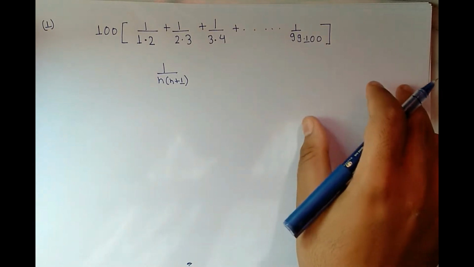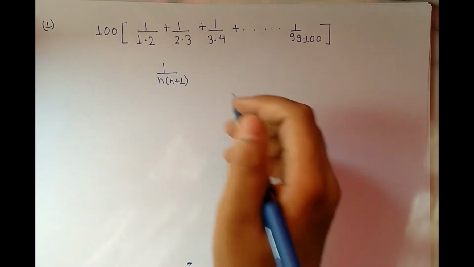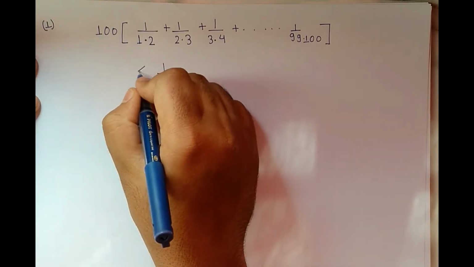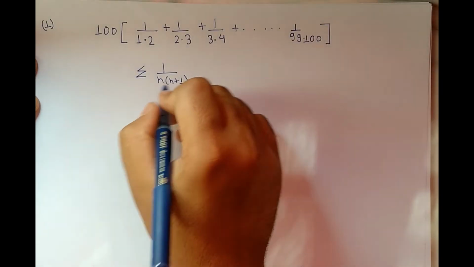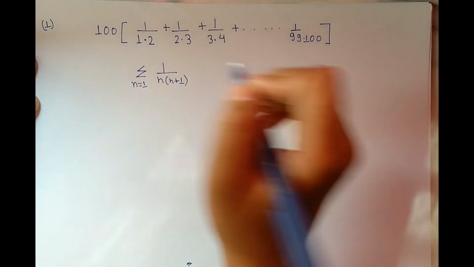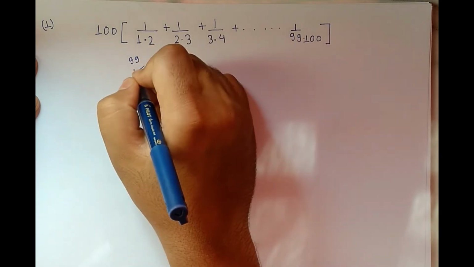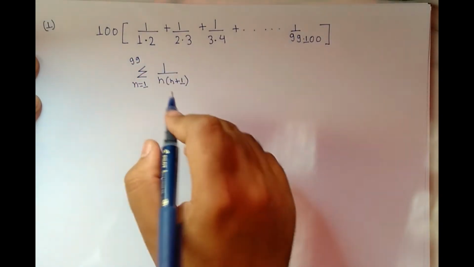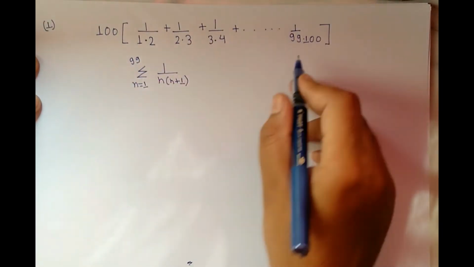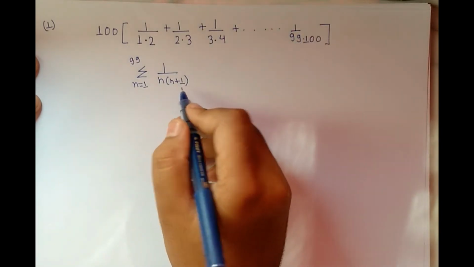So I would basically convert this general term into sigma notation. Well, how? Over here, I would write sigma, and over here, I would write n is equal to 1 to 99. Why 99? Because if I'm replacing the value of n with 99, I would get my last term, 1 by 99 into 99 plus 1, that is 100.